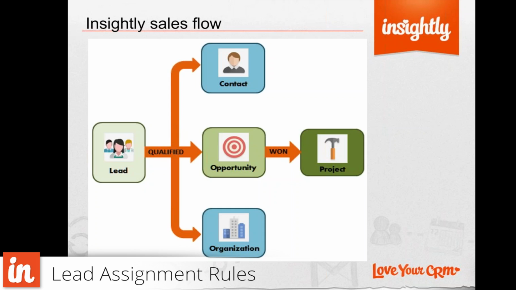The final step of Insightly's sales process, if it applies to you, is to convert that now won opportunity into a project. So opportunities are where you can track sales with your prospective buyers. If they do end up buying your product or becoming your client and there's still more work to be done, that is when you can convert it into a project where you track what's going on with your current client base.